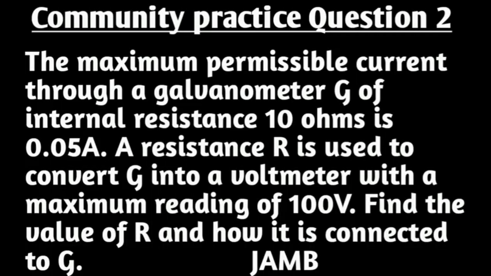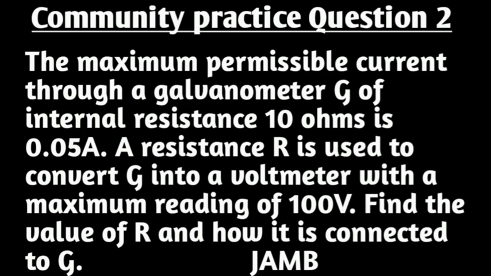And also try this community practice question 2. The maximum permissible current through a galvanometer G of internal resistance 10 ohms is 0.05 amperes. A resistance R is used to convert G into a voltmeter with a maximum reading of 100 volts.